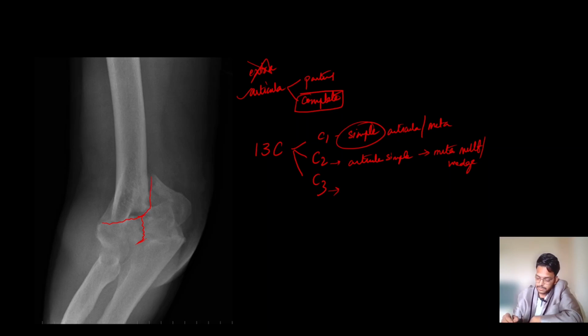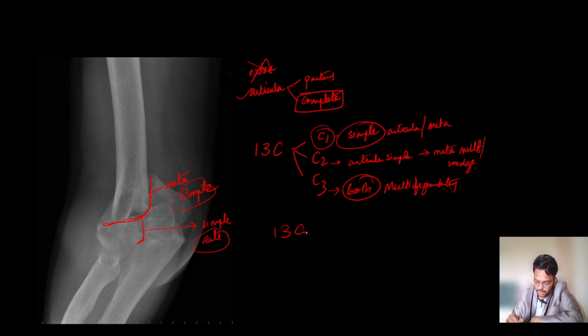In C3, both are multifragmentary. The fracture line is going only once. There are no multifragments. Simple metaphyseal fracture. Here the articular part is a simple articular fracture. So both are simple. It comes as C1. So it is 1, 3, C1.